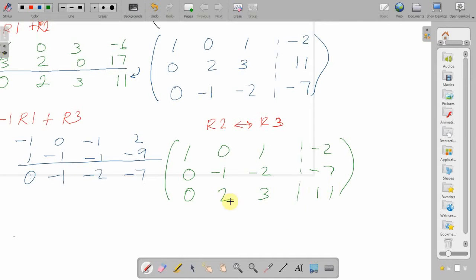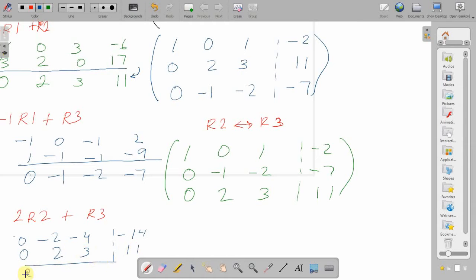And now we can get rid of this 2 by multiplying this row by 2. So let's write our rule as required. The rule says R2 multiply by 2 and then add R3. So R2 multiplied by 2 should be 0, minus 2, minus 4, minus 14. And then we're going to add row 3.